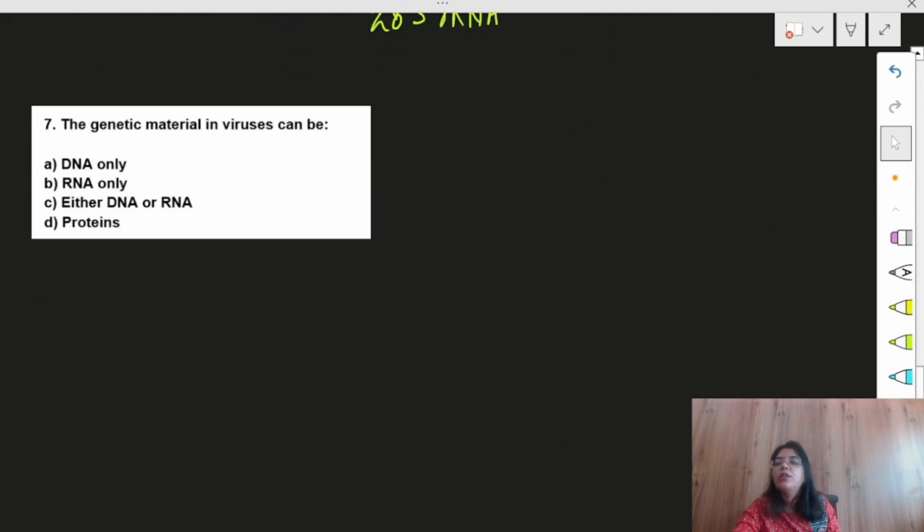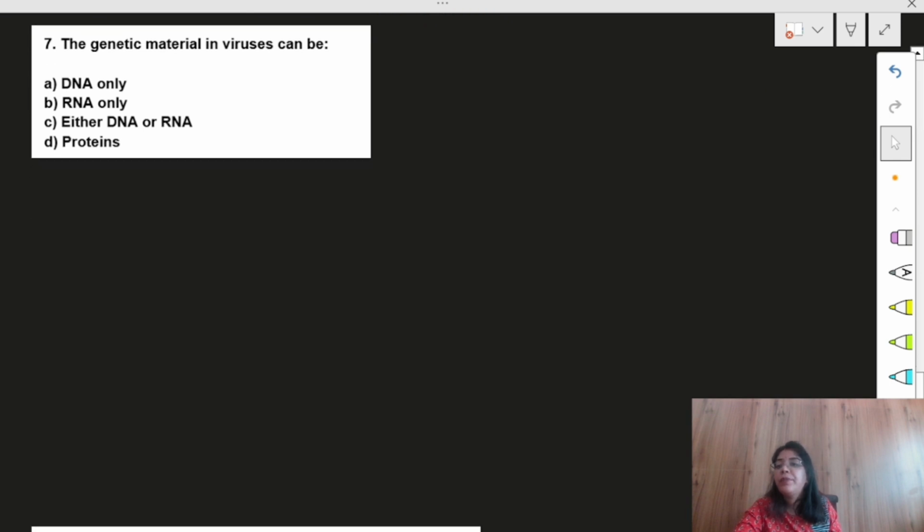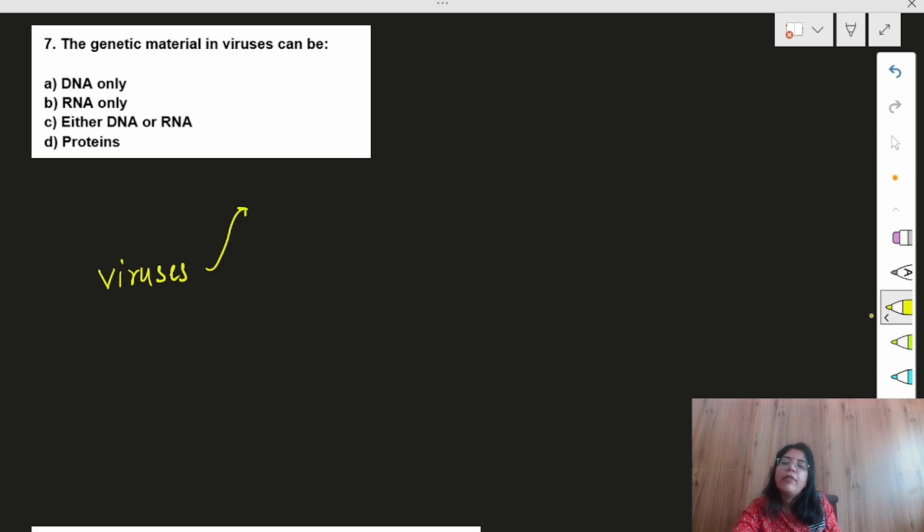Now, the genetic material in viruses can be, this you know very well, right? Viruses can have DNA as their genetic material, as well as RNA, but never together. DNA containing viruses, anyone? Bacteriophage, you remember, which one?